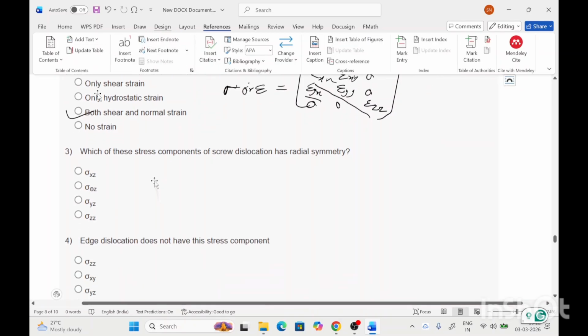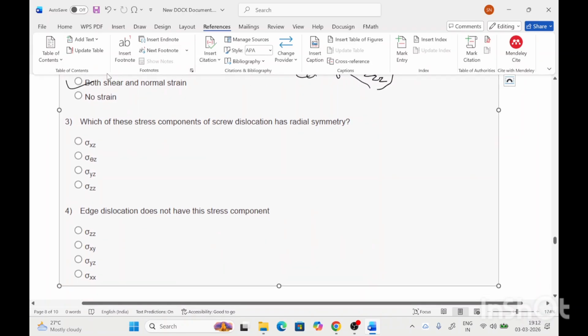Next question. Which of these stress components of screw dislocation has radial symmetry? The x, y, and z coordinates tell about a stress component in that direction or plane, but the radial direction shows the symmetry.